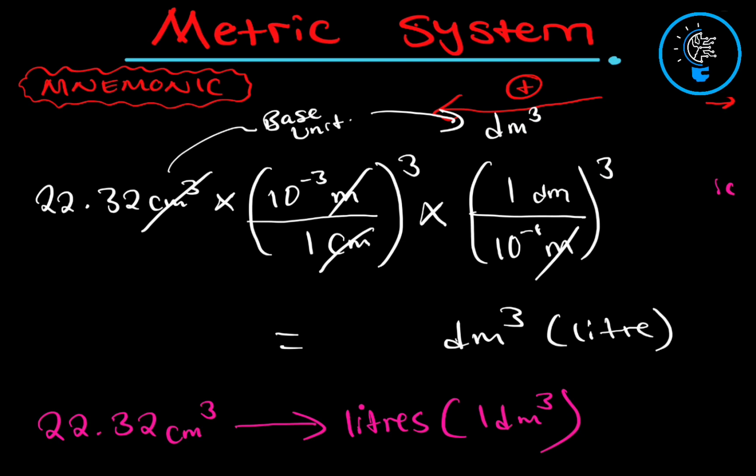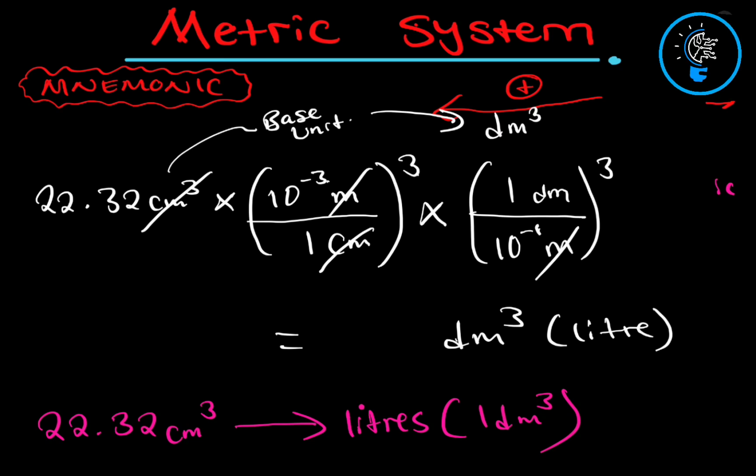Okay, let's do it on our calculator. So we are saying 22.32 times, so 3 times 3, that will be 9. Are we sure? Let's see. 10 to the power negative 3 to the power 3. It's giving us a 9, so it will be 10 to the power negative 9. So 22.32 times 10 to the power negative 9. And we need to divide it by 10 to the power negative.